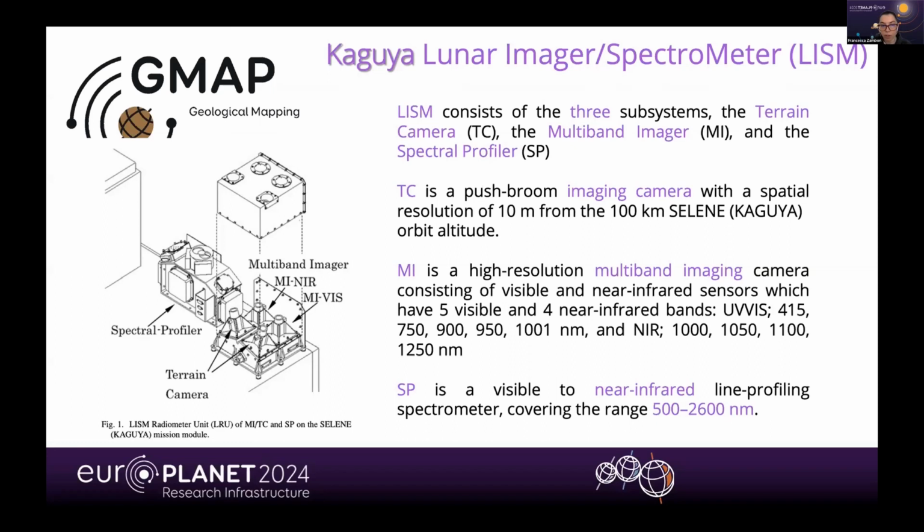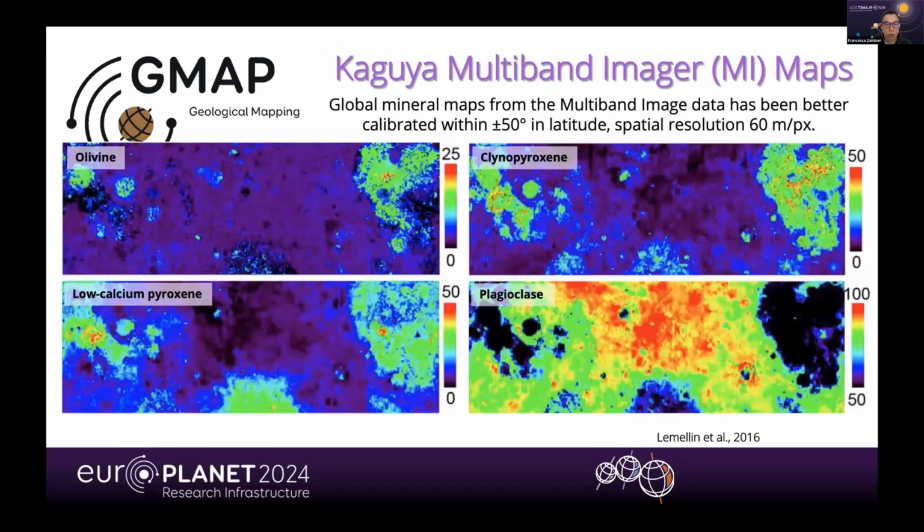In this case, I will show you the map from the multi-filter camera, so the MI, which is a high spatial resolution multiband imaging camera. And in this case, we have 5 visible channels and 4 near-infrared channels. I indicated here the wavelength they have. They also have the spectrometer, but I show what we get with the multi-imager camera.